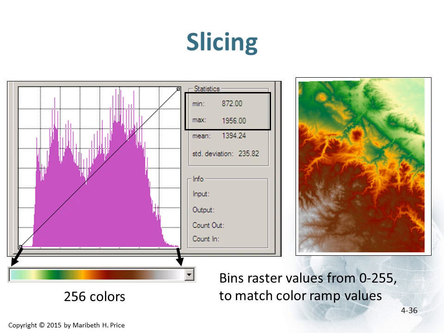For example, if 255 was the range from your minimum to your maximum, the very lowest value would be a 0, the next one would be a 1, the one after that would be a 2, all the way up until you got to your highest value, and it would become a 255.